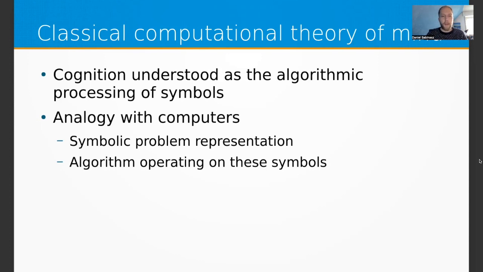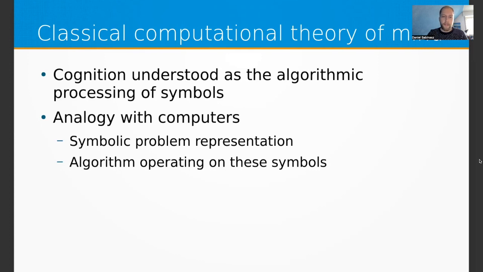And that theory is sometimes referred to as the classical computational theory of mind. Some people also call it information processing. It's sometimes a bit fuzzy what these terms mean exactly, but the classical computational theory of mind has a very specific definition. And according to that theory, cognition is understood as the algorithmic processing of symbols.